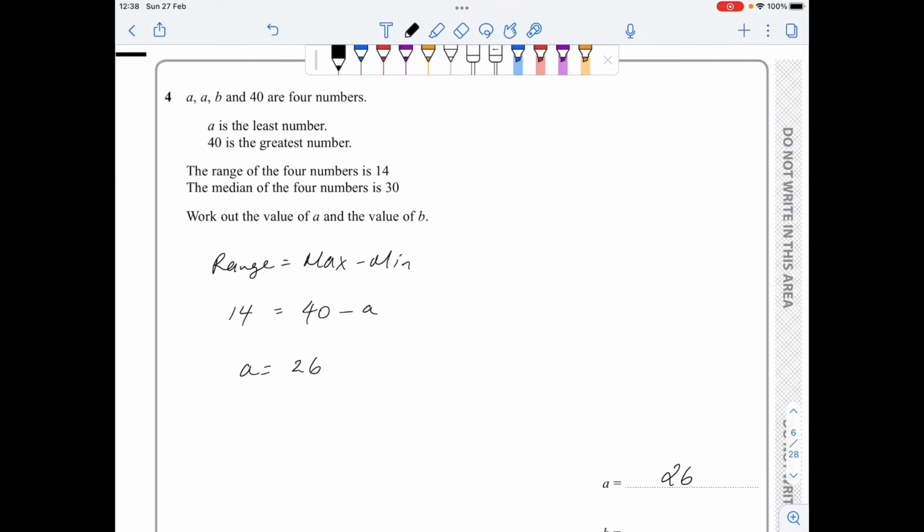Now to find B, I use the median, and since I have 4 values, I'll take the average of the middle two, so that's A plus B over 2. Now the median is 30, A is 26, so 26 plus B is 60, which means that B is equal to 34.